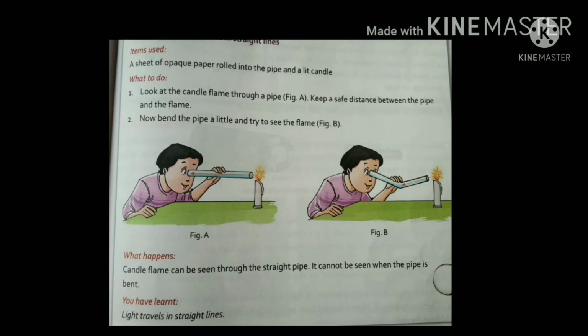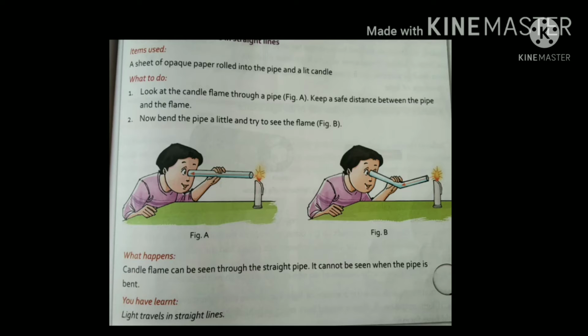Then, see this picture. Look at the candle flame through a pipe. Keep a safe distance between the pipe and the flame. Next, bend the pipe a little and try to see the flame. Then, where can you see the light?